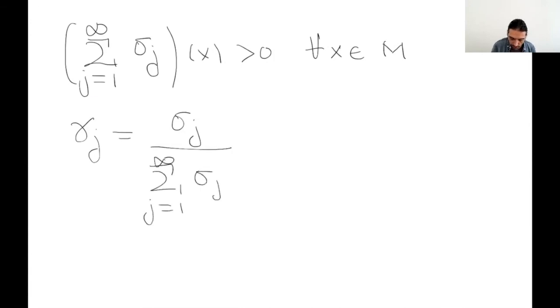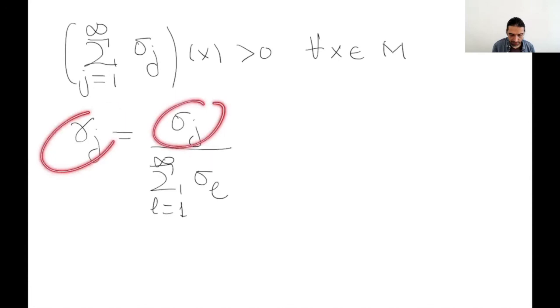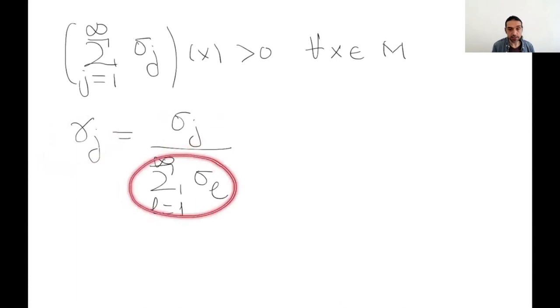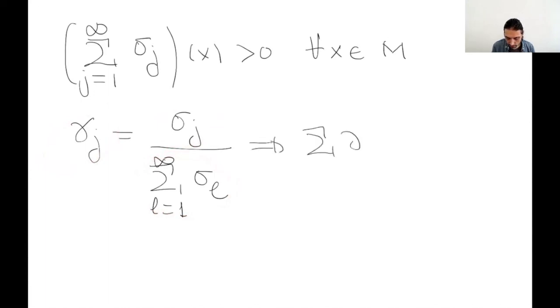The supports of sigma j and gamma j are the same. Of course, it's well defined because the function in the denominator is never zero. And it is clear that by construction, the sum of the gamma j's from j equal 1 to infinity is equal to 1. So this satisfies all the properties that we needed to show the partitions of unity theorem.